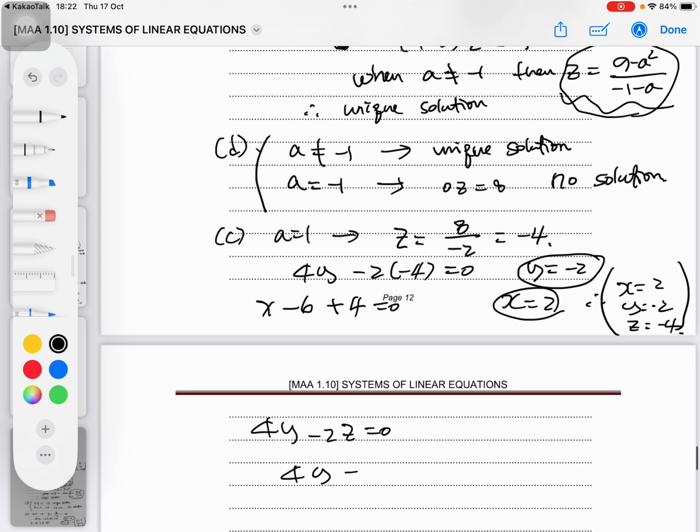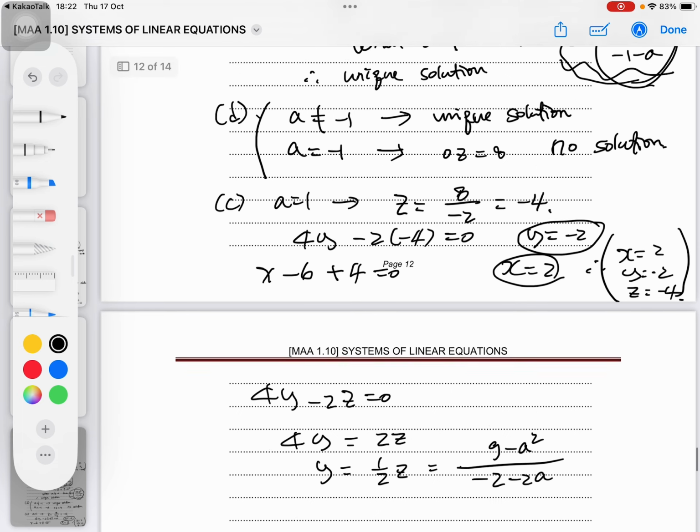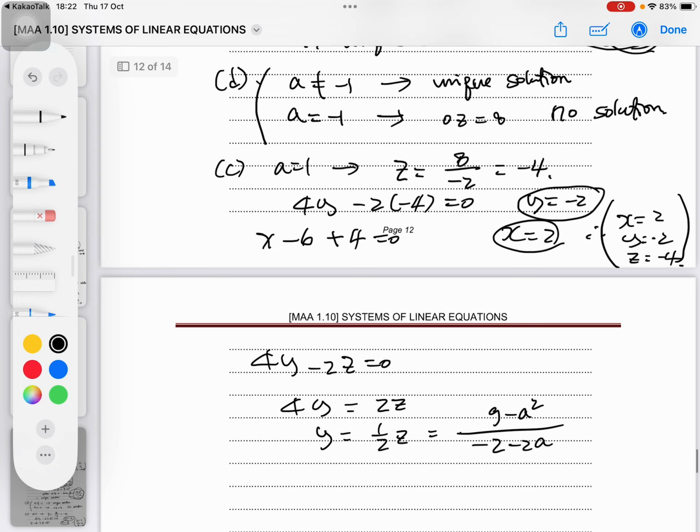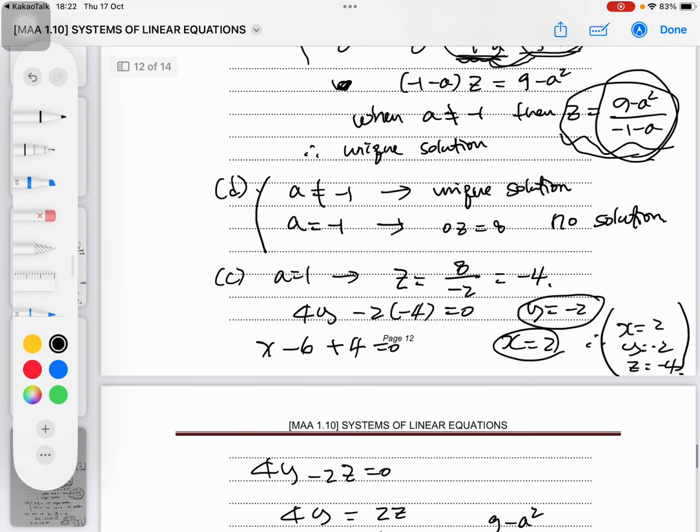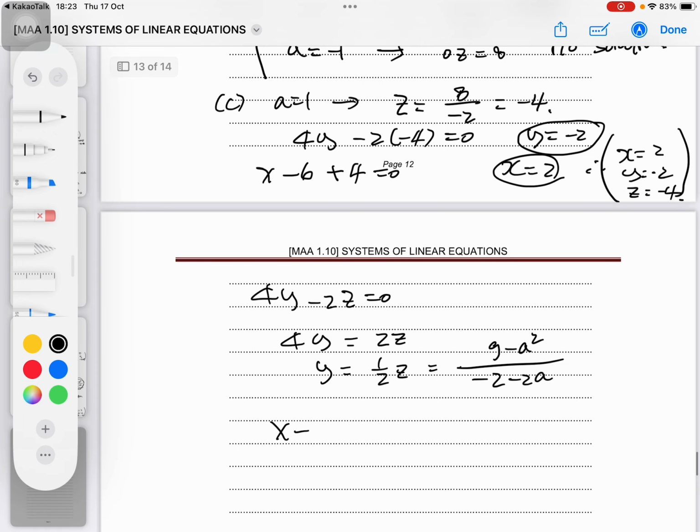So 4y equals 2z, y equals half z, and this was z. So -2 minus 2a over 9 minus a squared. This was y. And x plus 3y minus z equals 0.